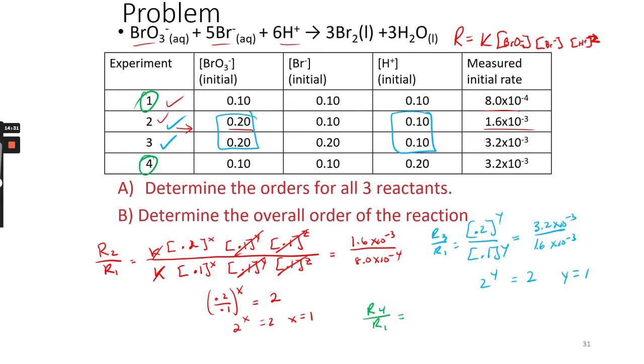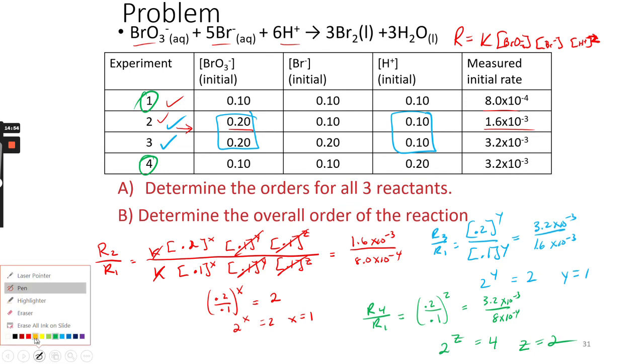So here we have 0.2 divided by 0.1 all raised to z is equal to, so we have 2 raised to the z is equal to 4. So here z is 2. So we come over here, and we raise the z, and we make it a 2.